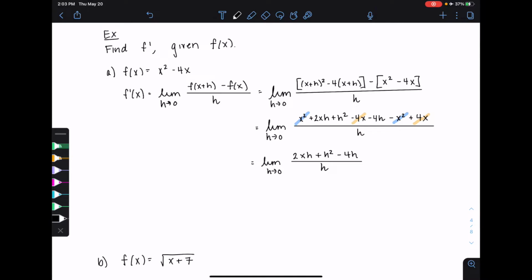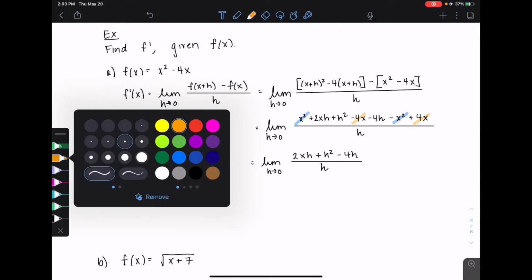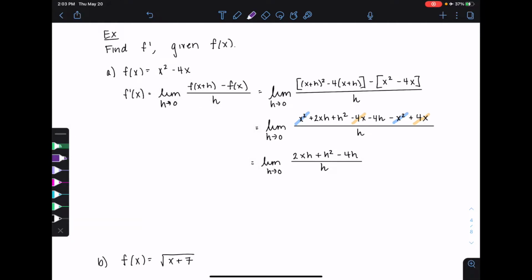Okay. Now everything in here has an h in common. So again, we can do some cancellation. This will completely disappear, which is what I want because this is a problem in the denominator. This h is completely gone. So this becomes the limit as h approaches 0.